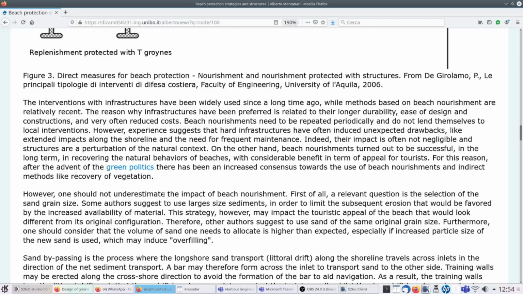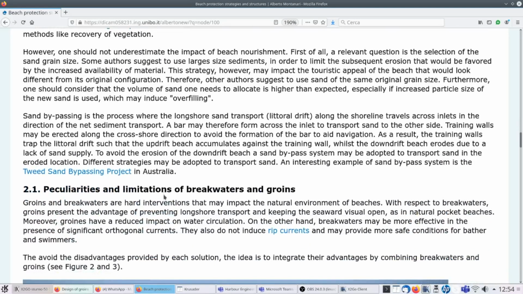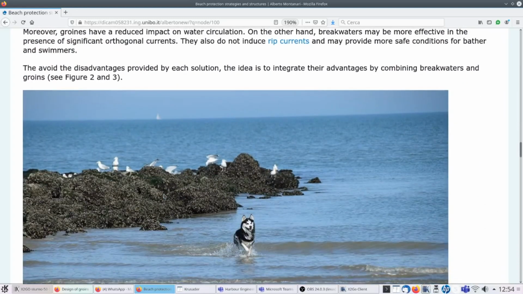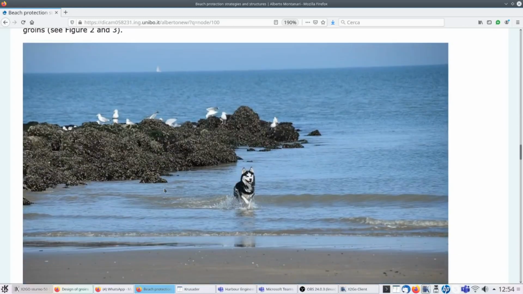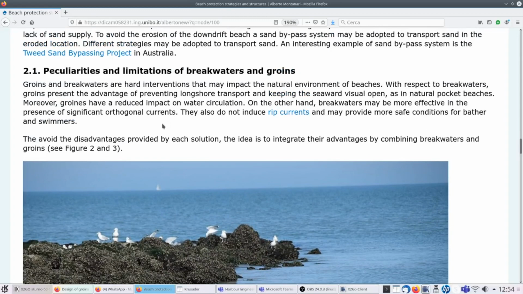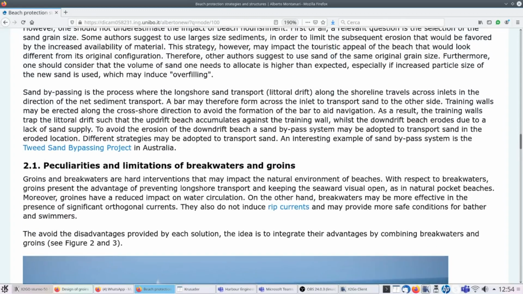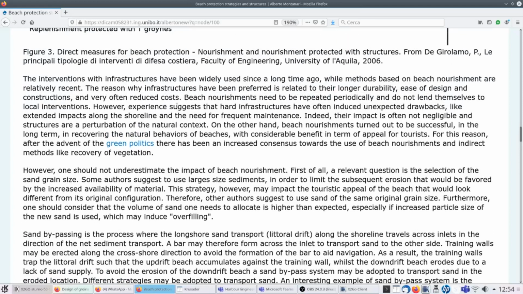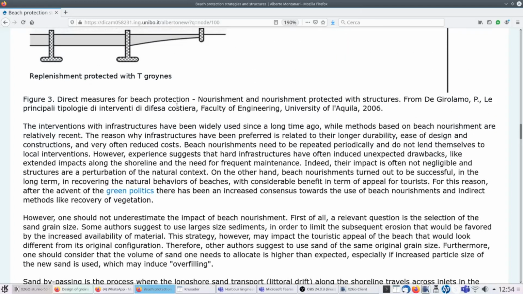Okay, so I think I already discussed the peculiarities and limitations of breakwaters and groins, and let me see if there is something that I forgot. I'm taking a look.